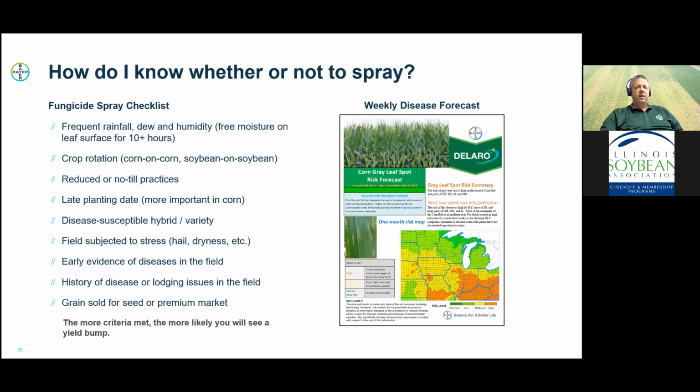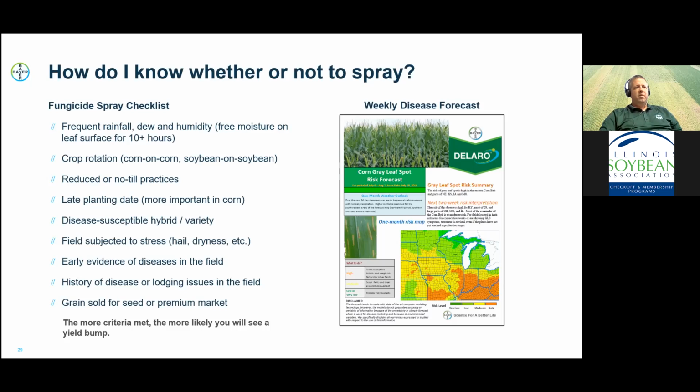If we have a continuous crop situation, so if we have soybean on soybean, we're obviously going to see a higher likelihood of disease development. Mentioned earlier, no-till or reduced tillage practices. Planting date can be a factor. We talk about this more in corn.